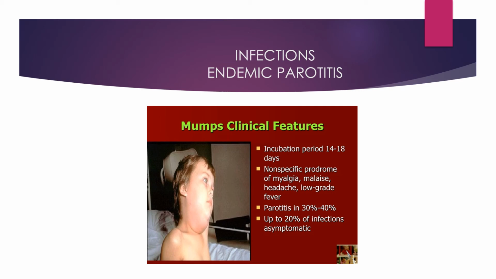The parotid gland is the one that's probably most affected, in 30 to 40% of the clinical cases. Interestingly, up to 20% of the infections are asymptomatic. So mumps is a highly preventable disease with vaccination.